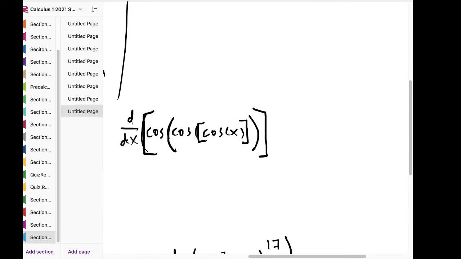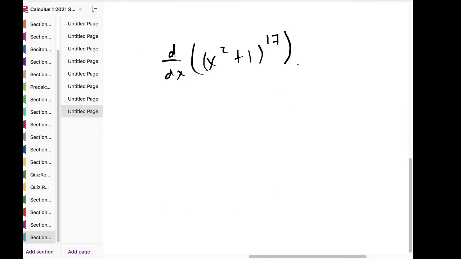Should we do this one next? Or let's do this one next. Okay, what's f and g for this one? Good, yeah, so f of x is x to the 17th. And then g of x is the other thing there, x squared plus 1. So what's f prime?